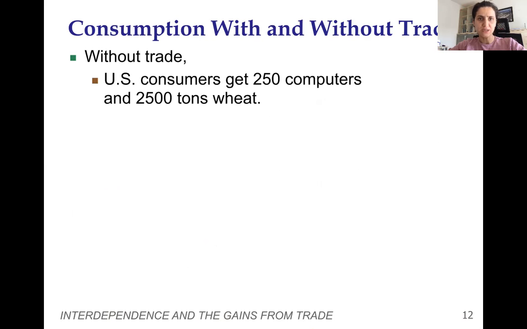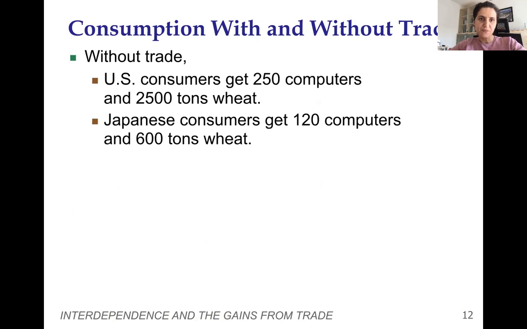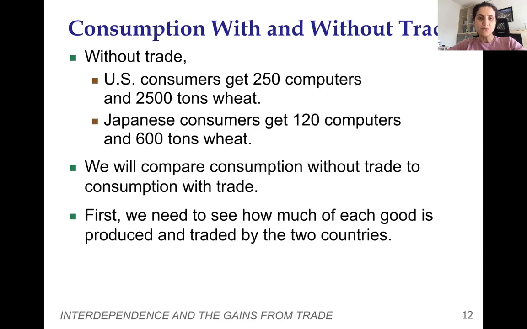Without trade, US consumers get 250 units of computers and 2,500 tons of wheat, and Japanese consumers get 120 computers and 600 tons of wheat. We will compare consumption without trade to consumption with trade.